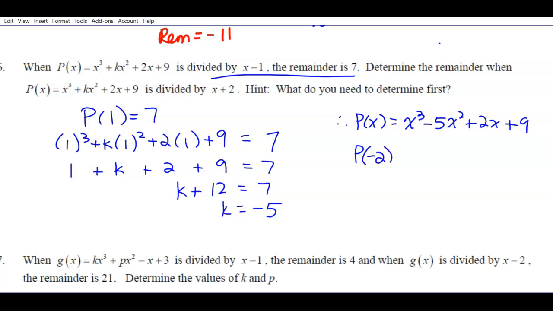And so now the remainder here will be when x is negative 2.